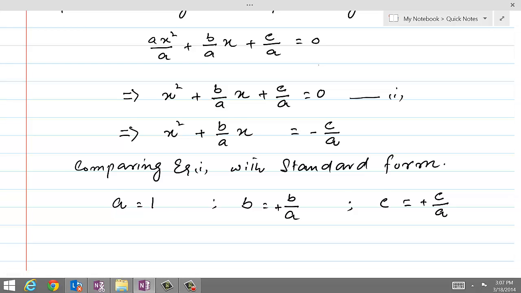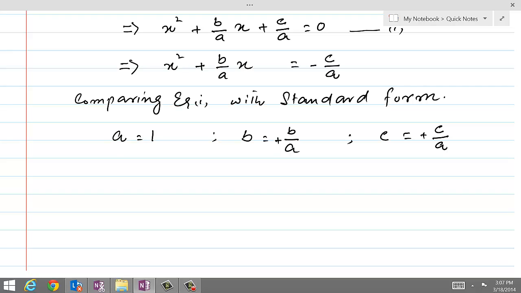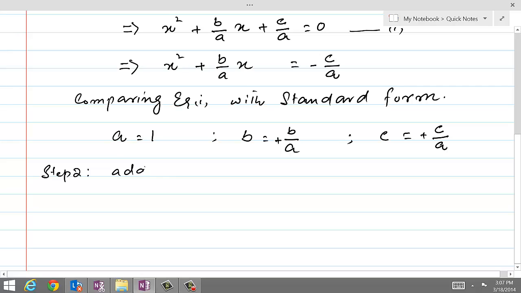As step 2 of the procedure, we know what we do for completing the square. For step 2, we are going to add 1 by 2b whole square on both sides. So what is b now? b is in fact equal to b over a.